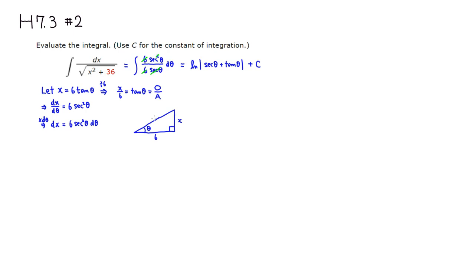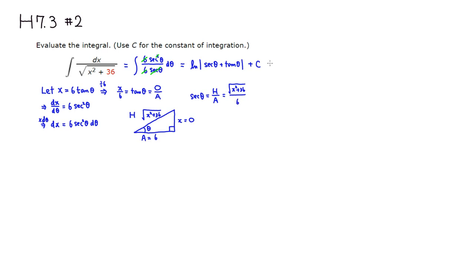Then the hypotenuse is the square root of x squared plus 6 squared, which is 36. So this is the opposite, this is the adjacent, and this is the hypotenuse. To find secant, secant of theta is hypotenuse over adjacent, so you get the square root of x squared plus 36 over 6.